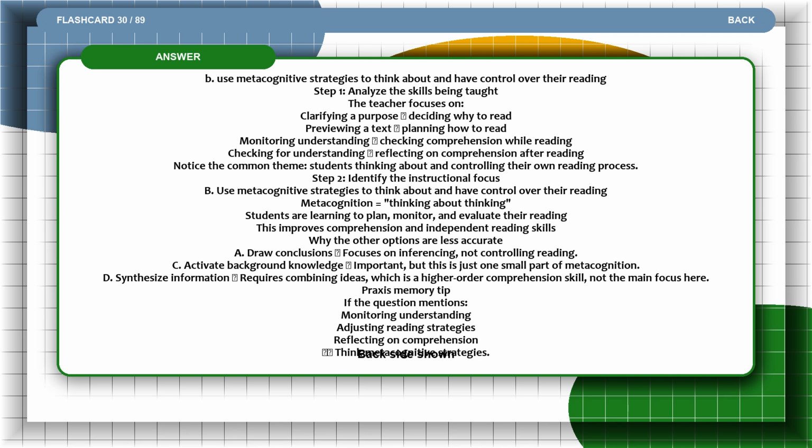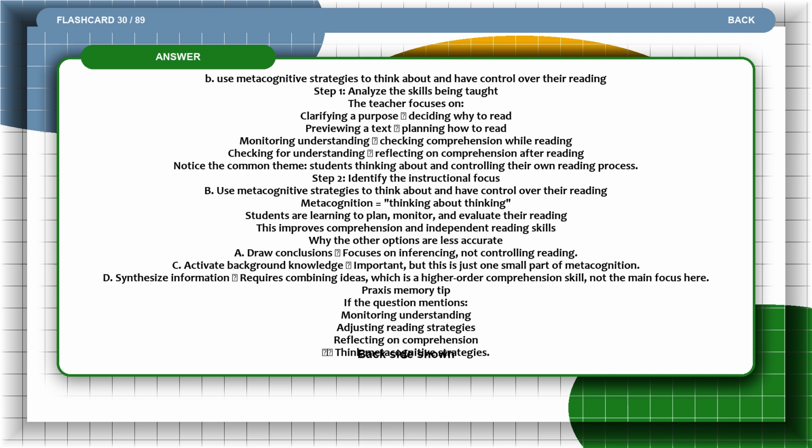Step 2. Identify the instructional focus. B. Use metacognitive strategies to think about and have control over their reading. Metacognition equals thinking about thinking. Students are learning to plan, monitor, and evaluate their reading. This improves comprehension and independent reading skills, while the other options are less accurate. Draw conclusions. Right arrow. It focuses on inferencing, not controlling reading.